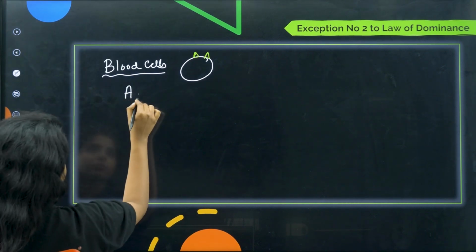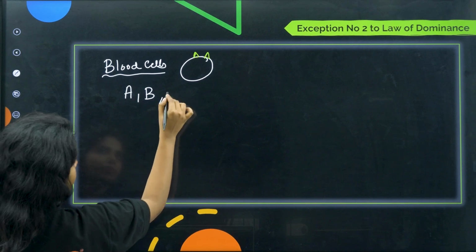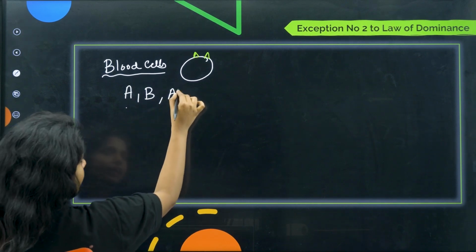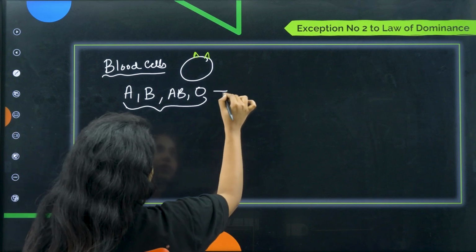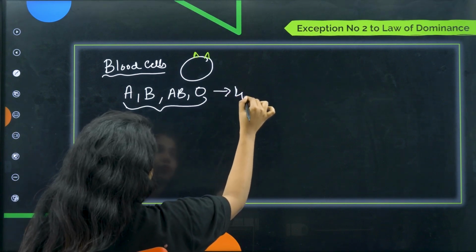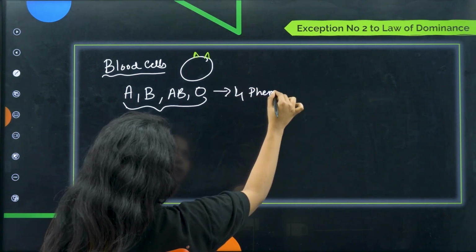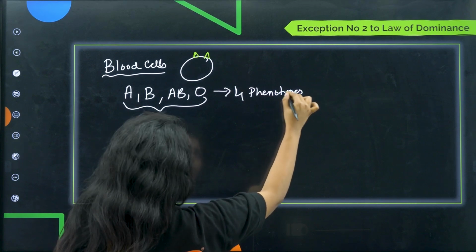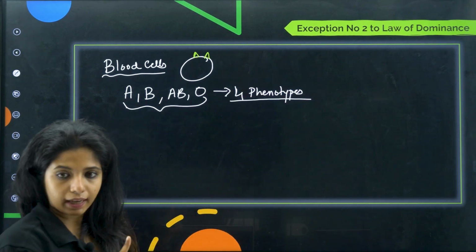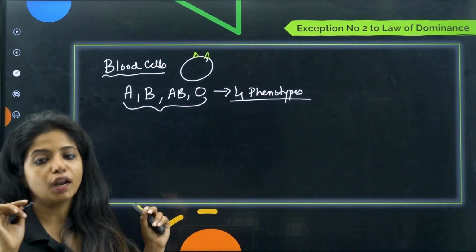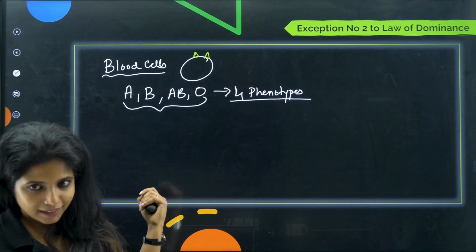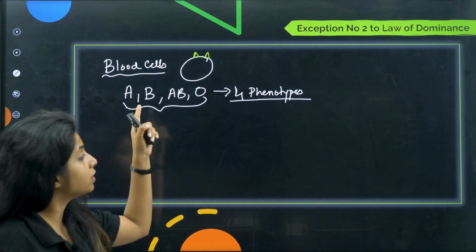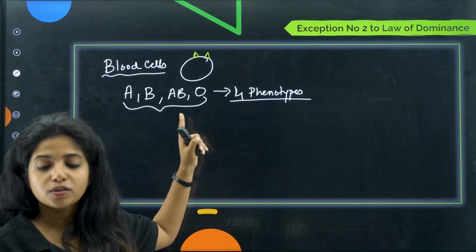Not three types, we have four types of blood groups: A, B, AB, and O. These are what, children? Phenotypes. These are four phenotypes of blood, something that we can see. Now we have to see their genotype as well. When does A come, when does B come, when does AB come, and when does O come?